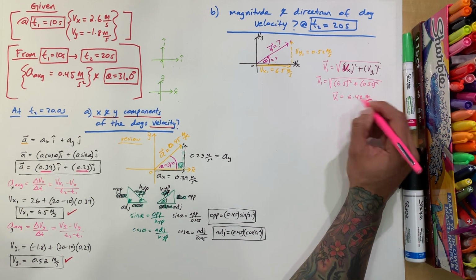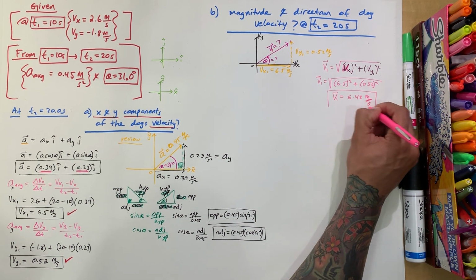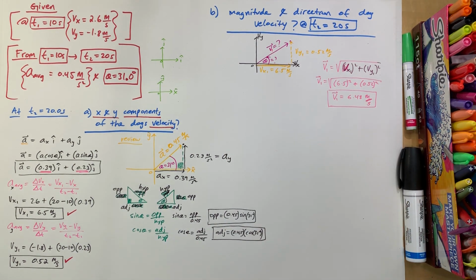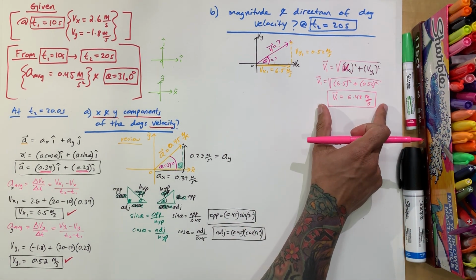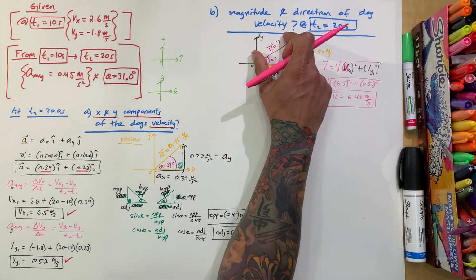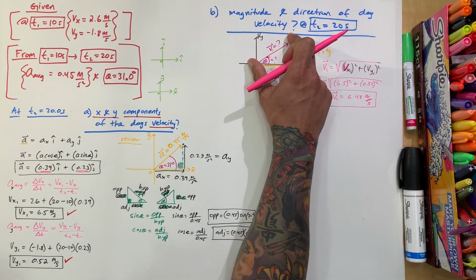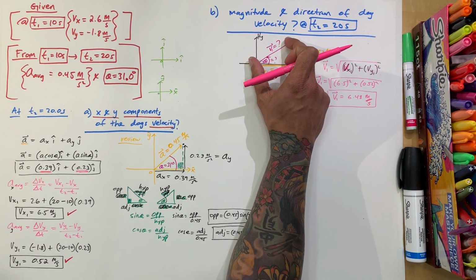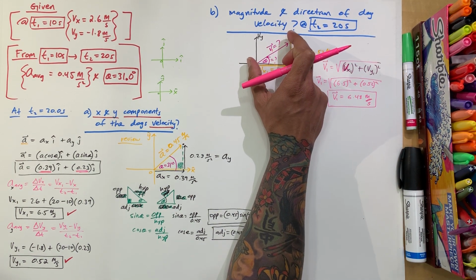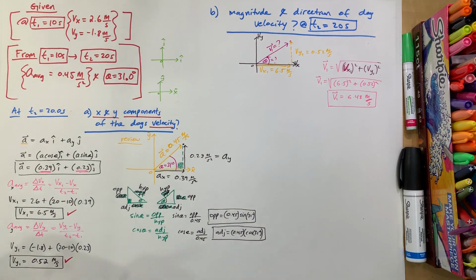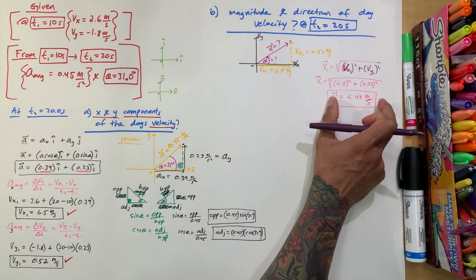We know that because it's velocity. Don't forget to write the units. So this is the magnitude, the length of this vector, and the speed is described by this.